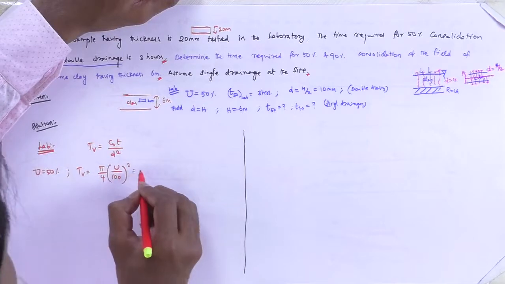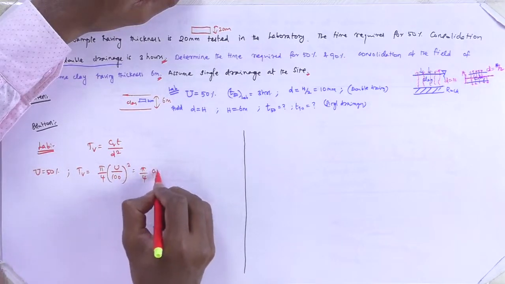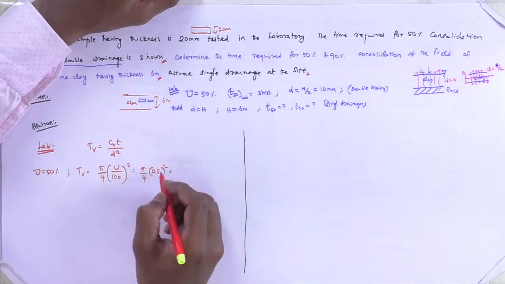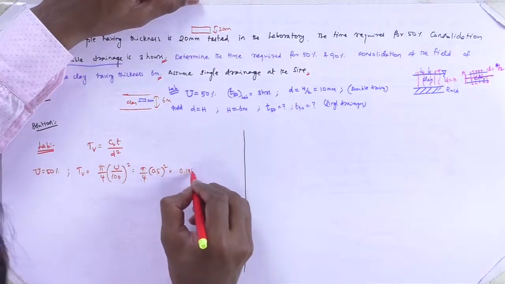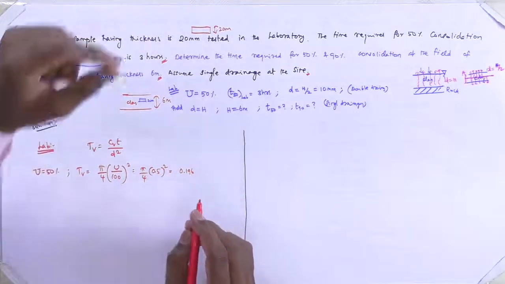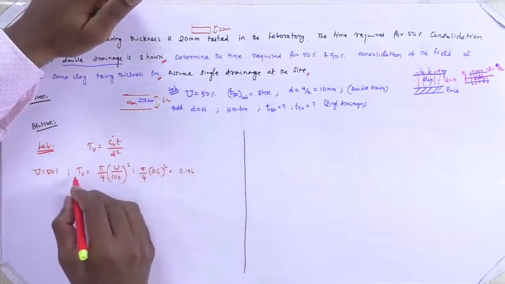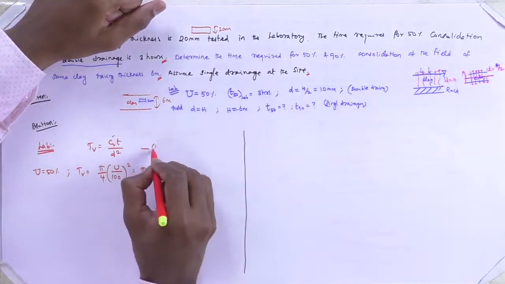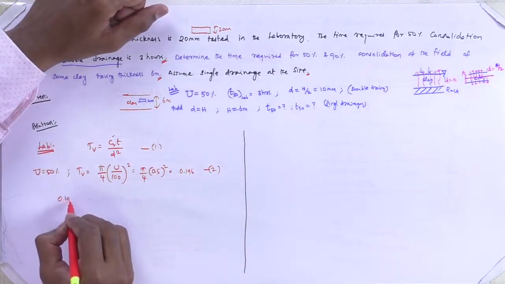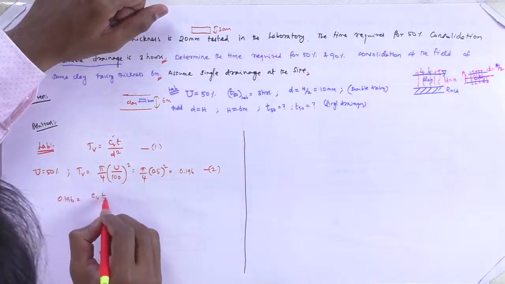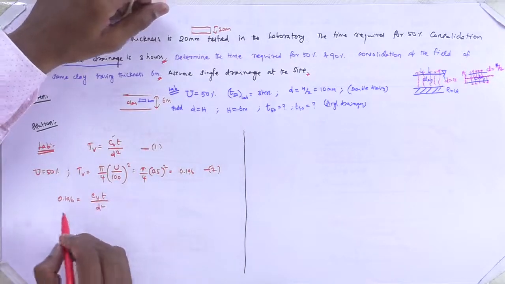So pi by 4 into 0.5 square, we get the value as 0.196. Here the CV is unknown. We can call this equation 1 and this equation 2. So equating 1 and 2, 0.196 equals CV T divided by D square.